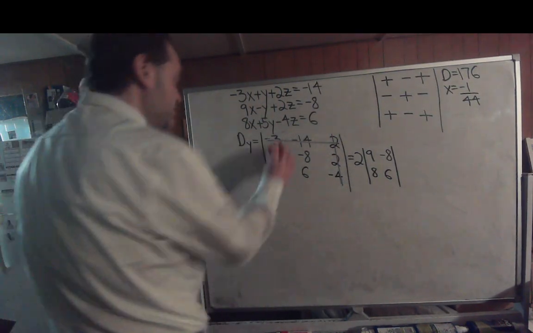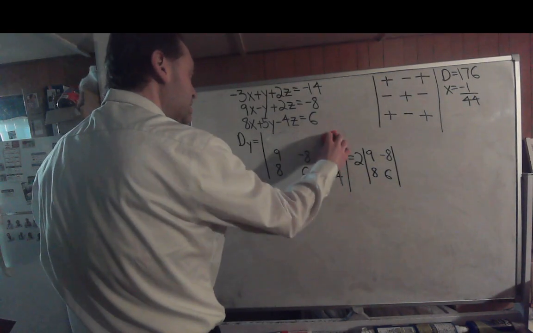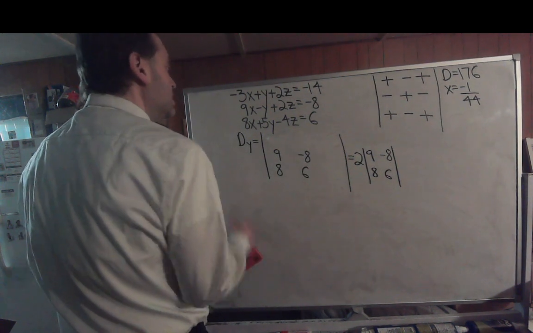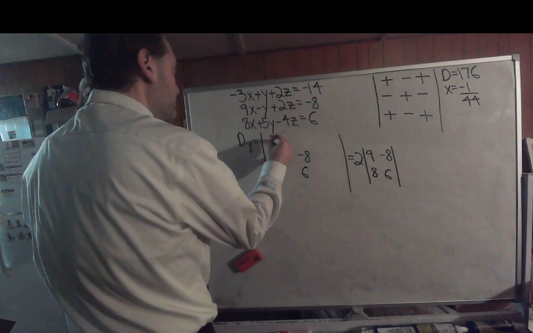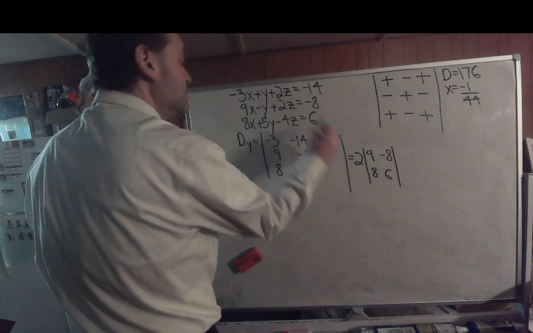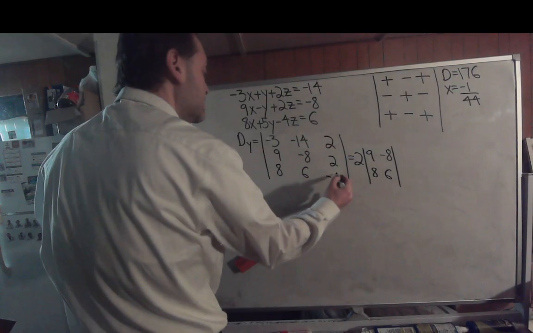Let's rebuild this determinant again. Negative 3, negative 14 for this, then z was 2, 2, negative 4. Alright.